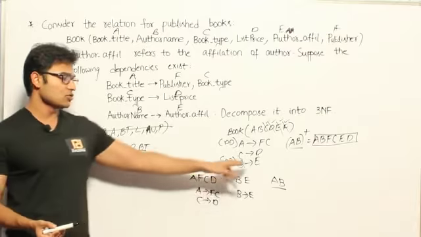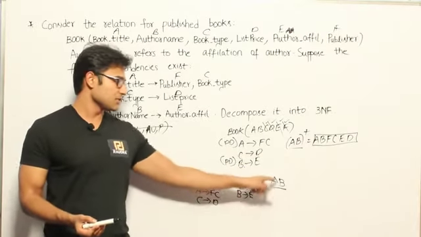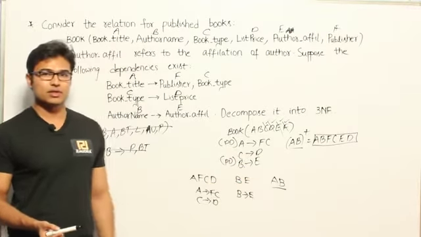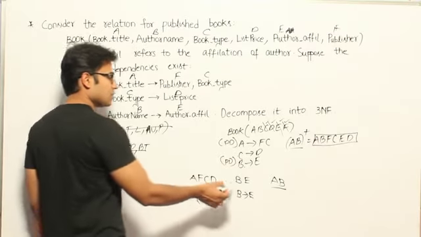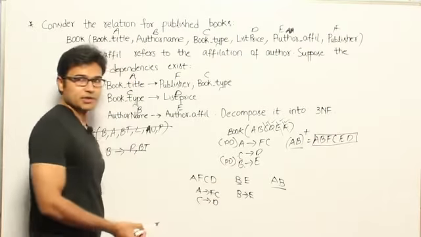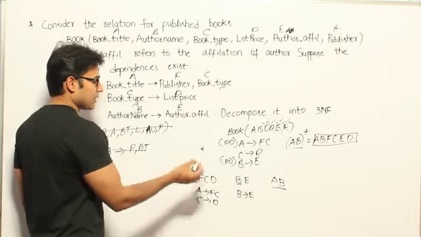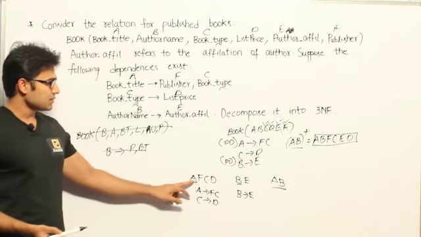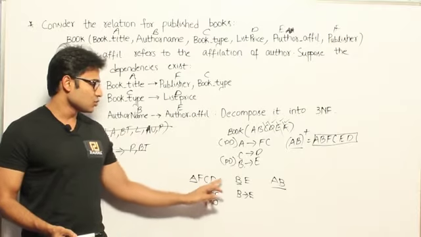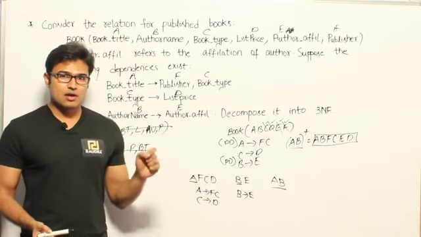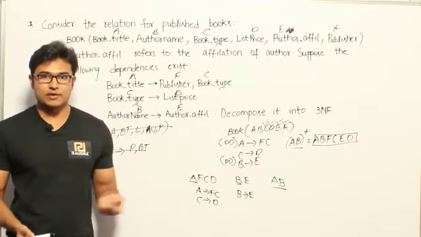When you want to join the tables, we are going to use this one so that we do it without any loss. Now in this table, this is the primary key, and in this table this is the primary key. So since the primary keys in these two cases are single attributes, there is no way we are going to get partial dependencies.